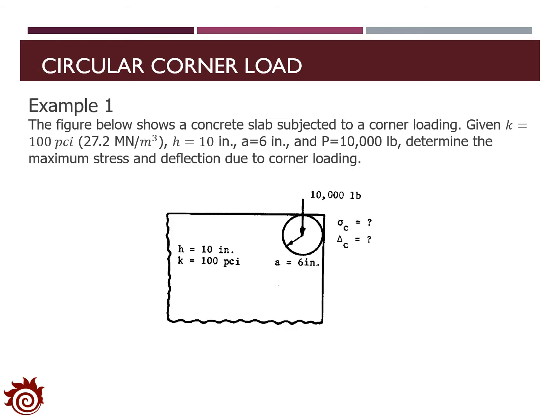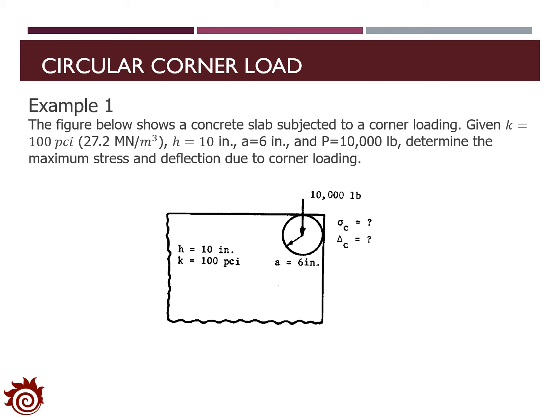Now let's check one example for the estimation of the stress and deflection within a circular corner load. The figure below shows a concrete slab subject to a corner load. We know k equals 100 psi, h is 10 inches, a equals 6 inches, and the load is 10,000 pounds.